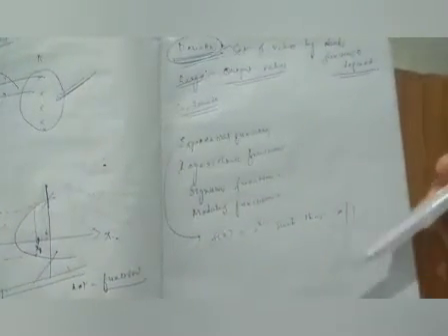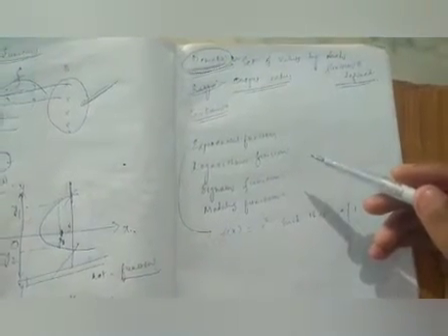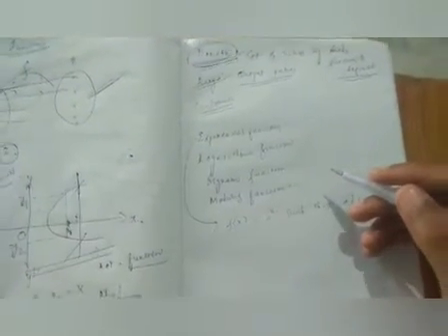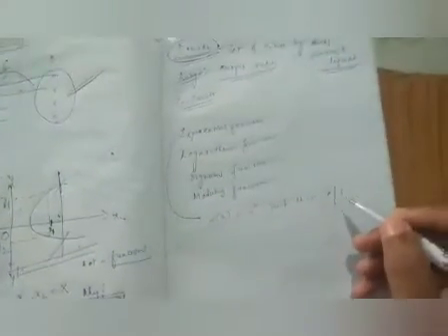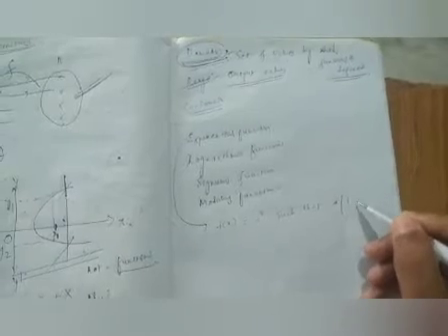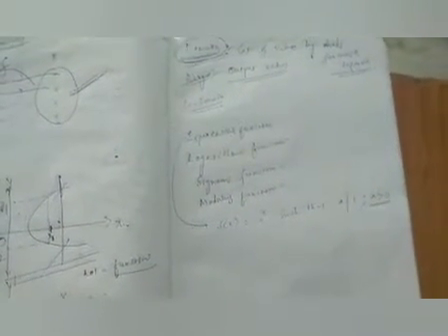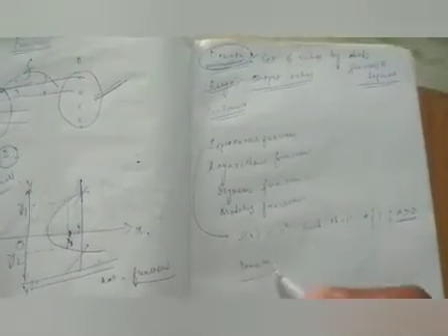That's it. Now let us discuss some functions and try to get their domain and range and analyze those functions. Firstly, the exponential function. The exponential function is defined as f of x equal to a power x, such that a is not equal to 1 and a is greater than 0. Let us get the domain of this function.